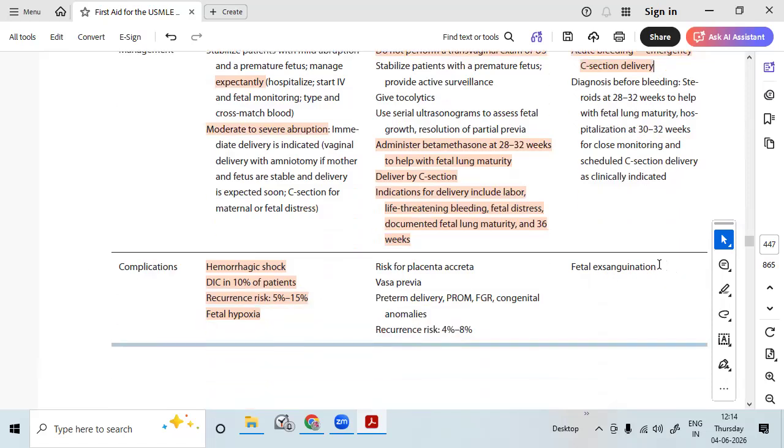Complications: there can be fetal exsanguination in this case. What is fetal exsanguination? Let me check.